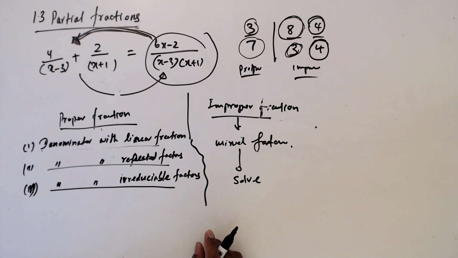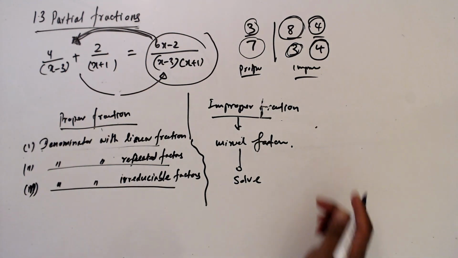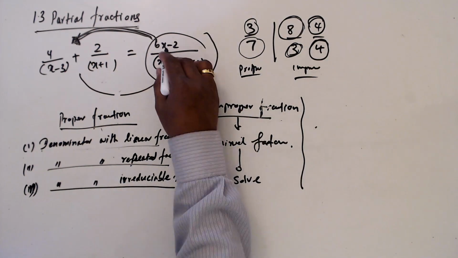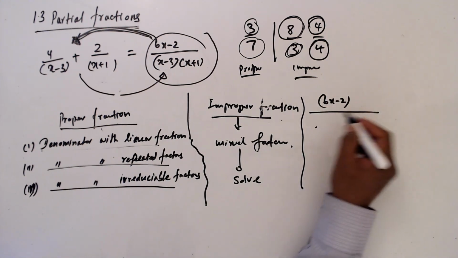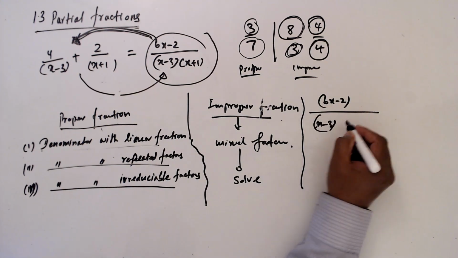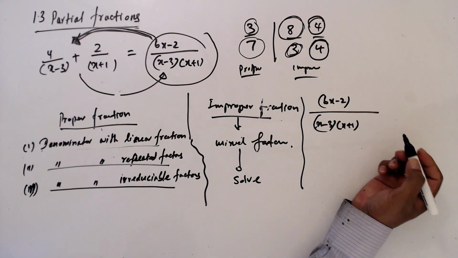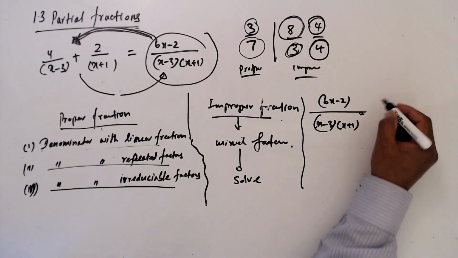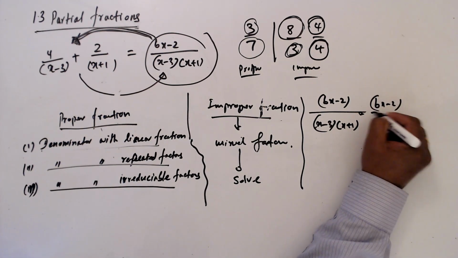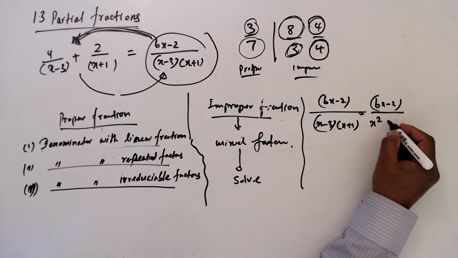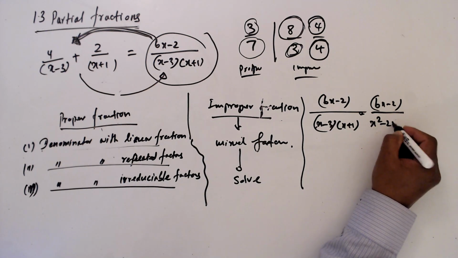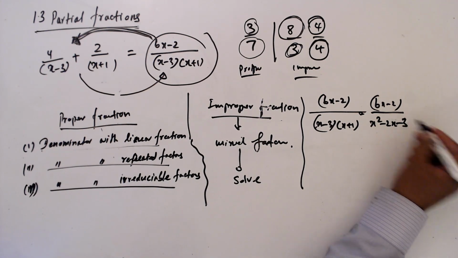Now how do you find algebraically proper and improper? It's very simple. When you look at this one, 6x minus 2 over x minus 3 times x plus 1. I'll expand the denominator: x square minus 3x plus x minus 3, that is x square minus 2x minus 3.